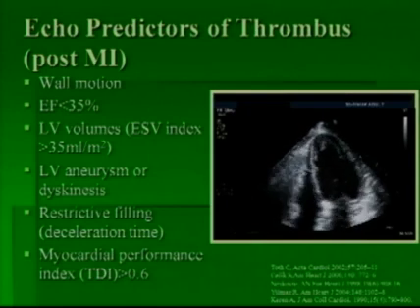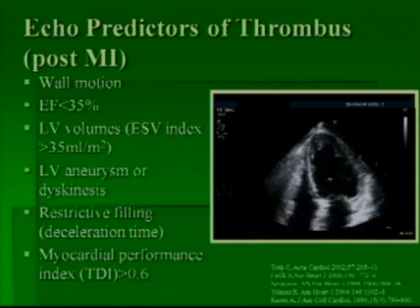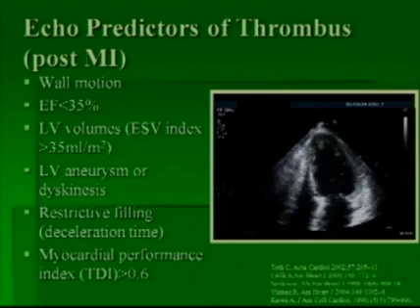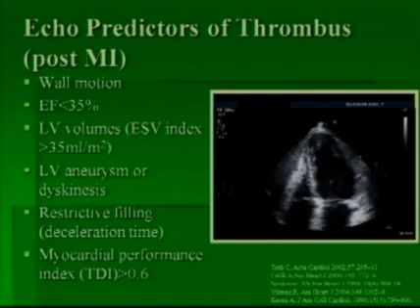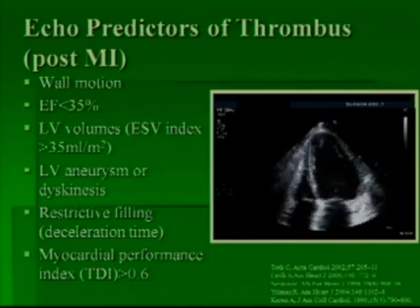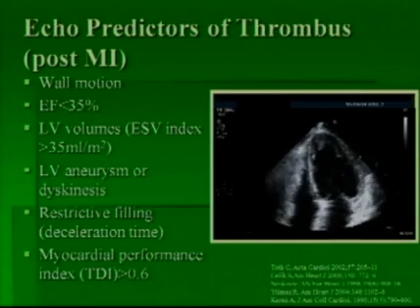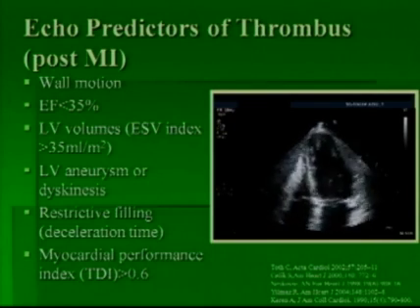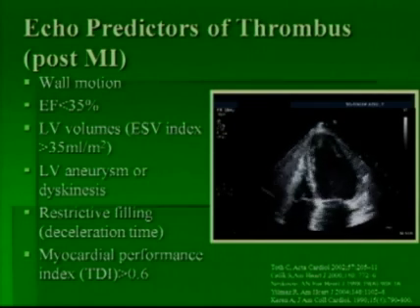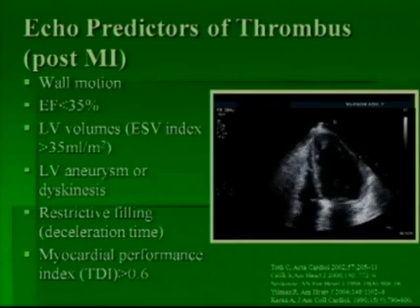Restrictive filling, interestingly, has been noted to accompany the formation of thrombus within the heart, as has a myocardial performance index, the so-called Tei index, performed by tissue Doppler imaging, and that gives us a different scale, so that's why the myocardial performance index cutoff here is greater than 0.6.